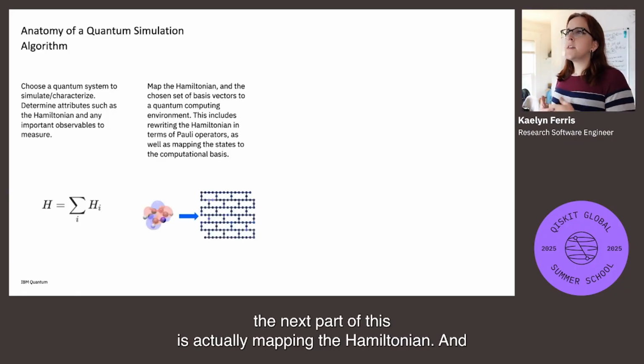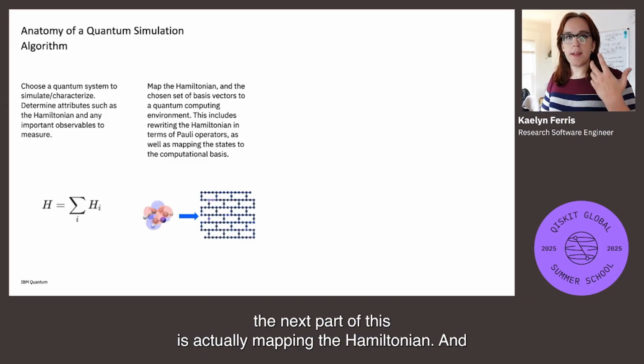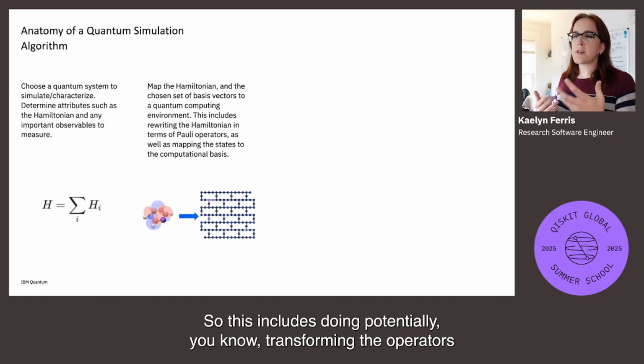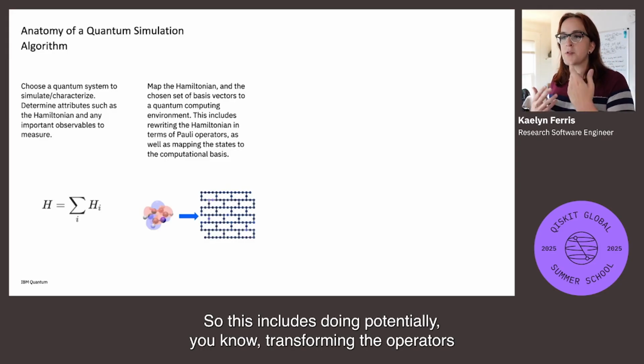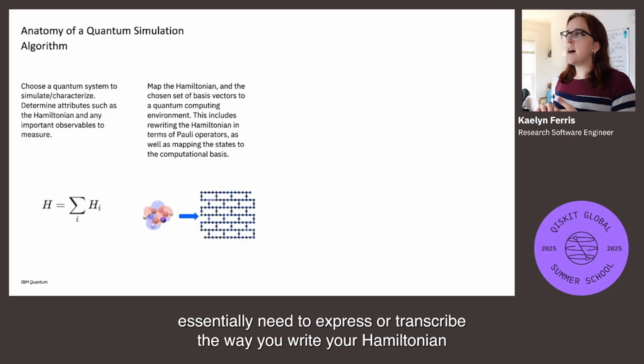And then the next part of this is actually mapping the Hamiltonian and the way you represent the wave function to a quantum computing environment. So this includes potentially transforming the operators that make up the Hamiltonian in terms of Pauli or spin-based operators.